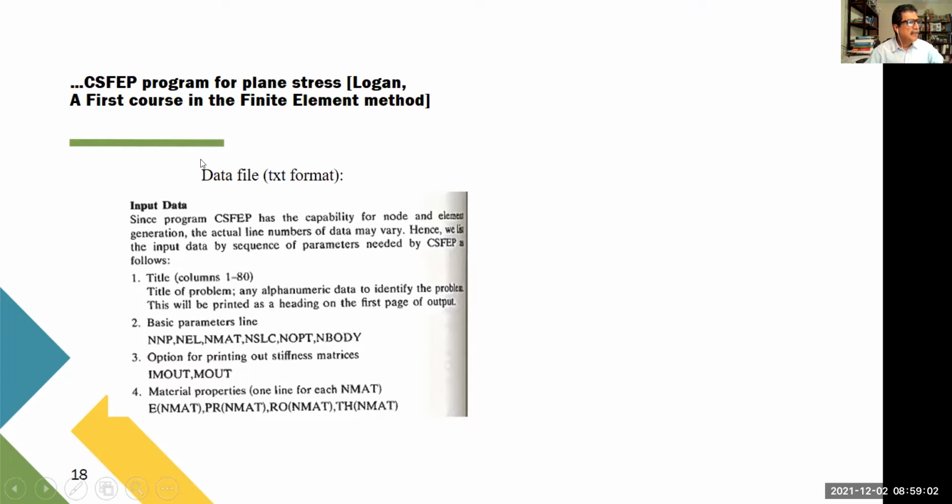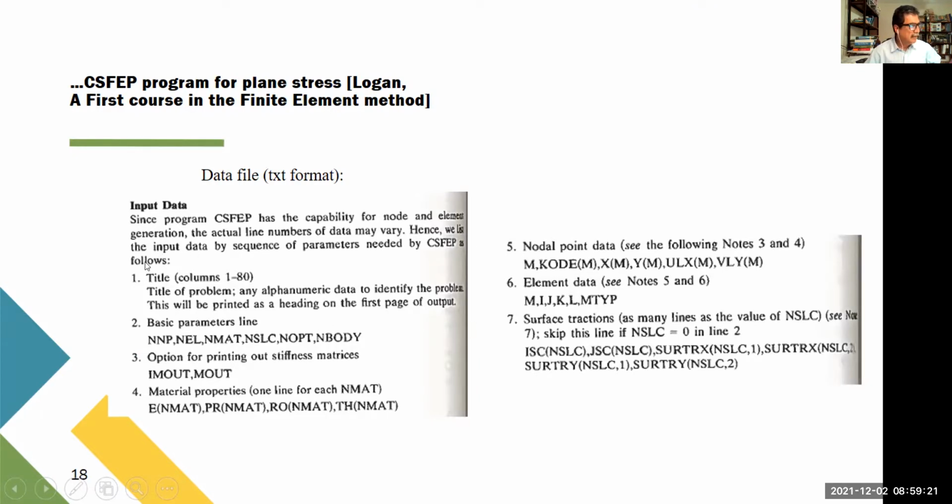Okay, this is the input data. Again, you have to generate a text file using Notepad or anything like that. This is the way you have to organize the values inside it. Here, you have variables from 1 to 4, and then 5 to 7.